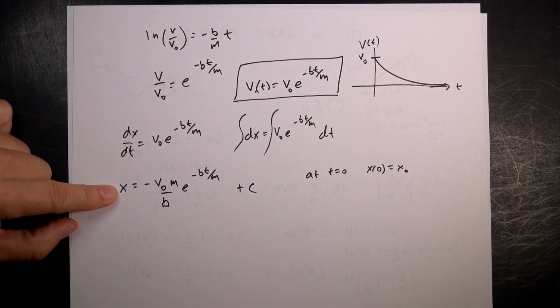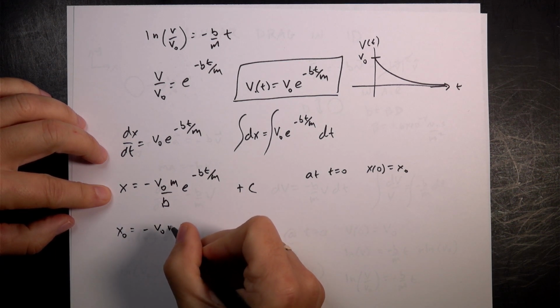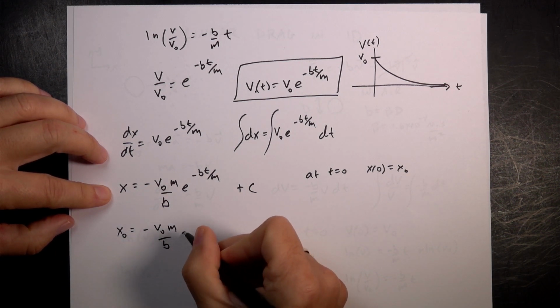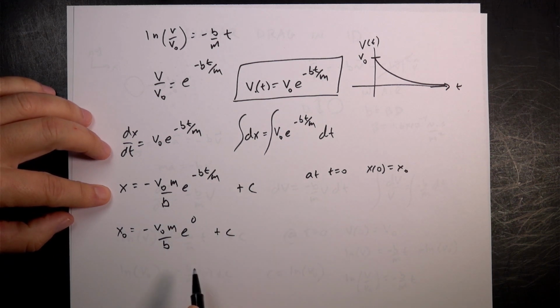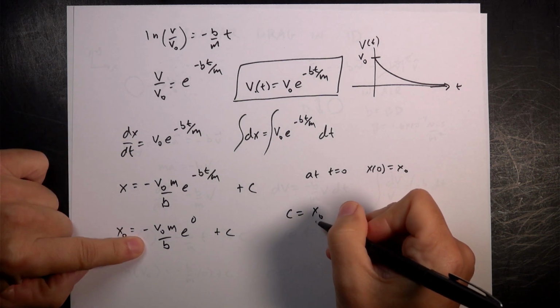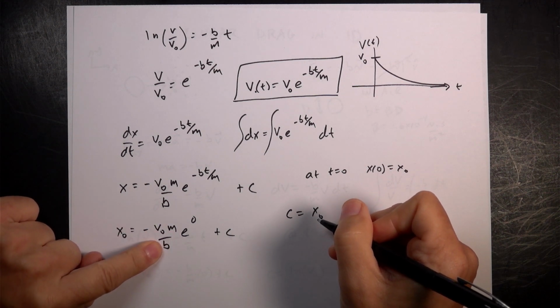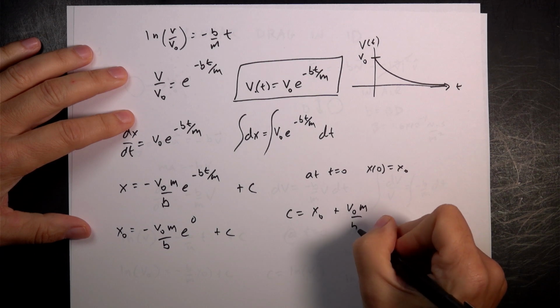So if I have at t equals 0, I get x0 equals negative v0 m over b, e to the 0, right, because I put in t equals 0, plus c. So this is just 1. So this means that c is going to be x0 plus this term, right, because I have to add that to both sides, plus v0 m over b.